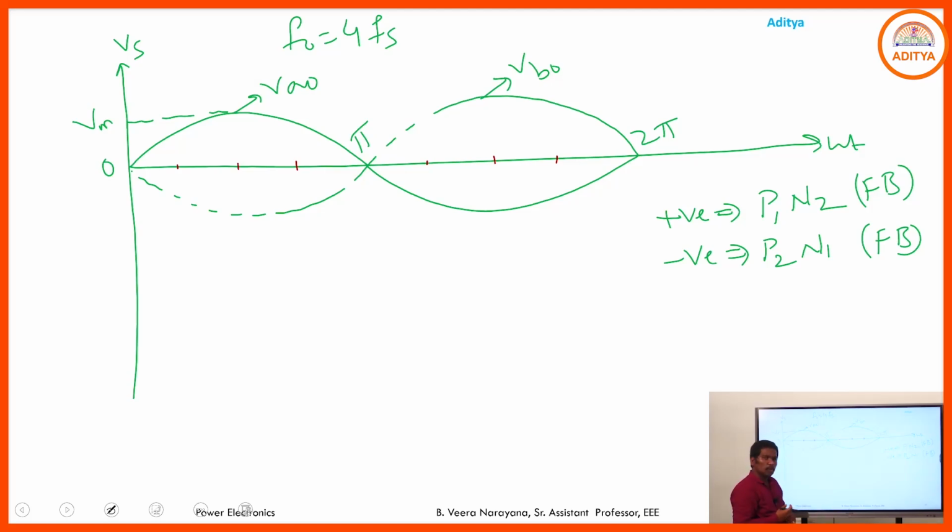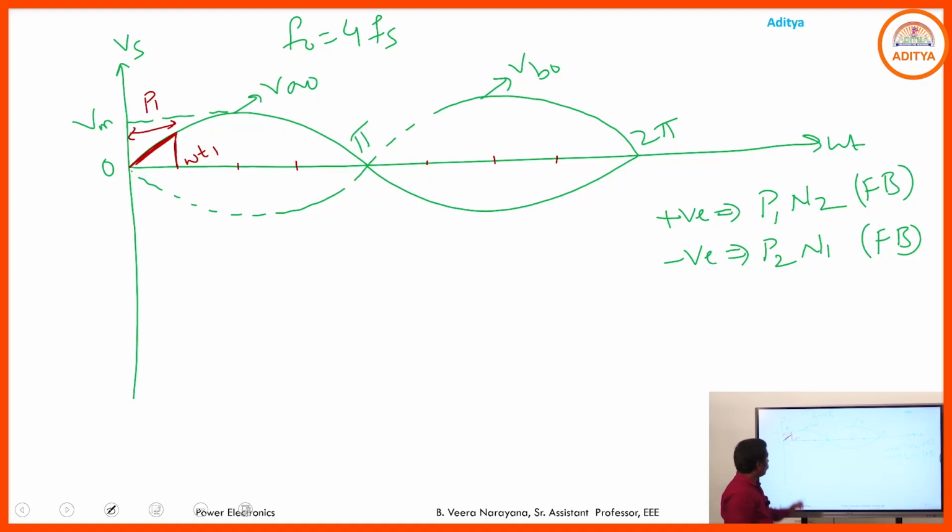At omega t is equal to 0, I just want to collect positive output voltage. So, you need to provide the gate pulse to the P1. Then, up to this is taken as omega T1. Up to omega T1, we need to maintain the on state of the P1.